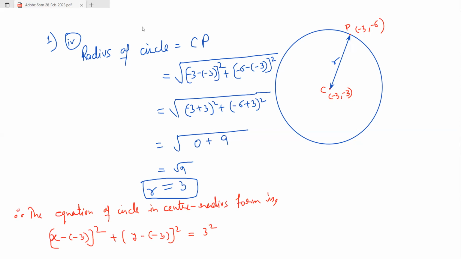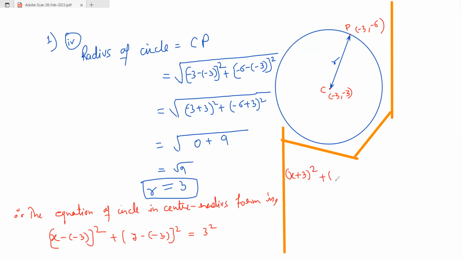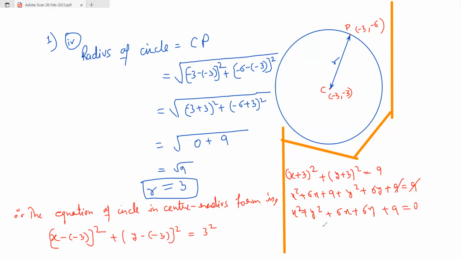So you will get x plus 3 the whole square plus y plus 3 the whole square equals 9. So x square plus 6x plus 9 plus y square plus 6y plus 9 equals 9. One 9 cancels. So x square plus y square plus 6x plus 6y plus 9 equal to 0. This is the required equation of circle.